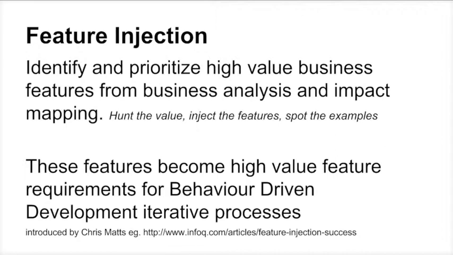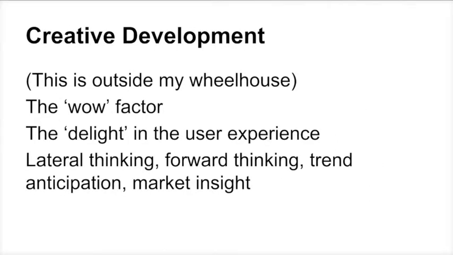Again, really hunt for those values, inject the features, and look for examples, particular use cases that are going to have the highest impact on the identified audience. That then will feed into the behavior-driven development process, which I'll cover later.